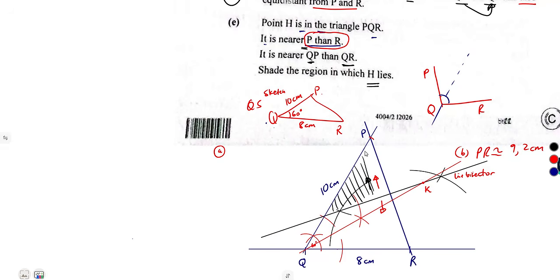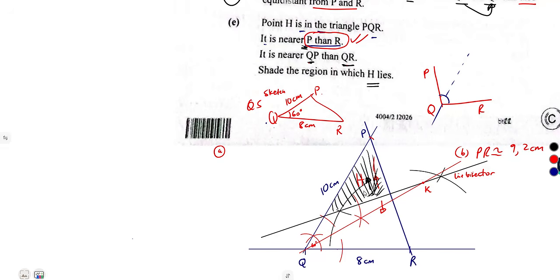That is the only region that you're going to consider because they said nearer P. We cannot take anything on this side of the line bisector. When they said nearer QP than QR, this region was included, but now we cannot include it because of this statement. It limits us only to that region there. So that is the region that we're going to shade, where H is found inside the triangle.